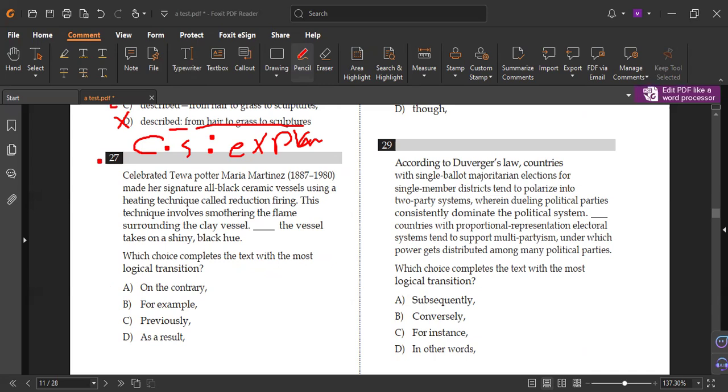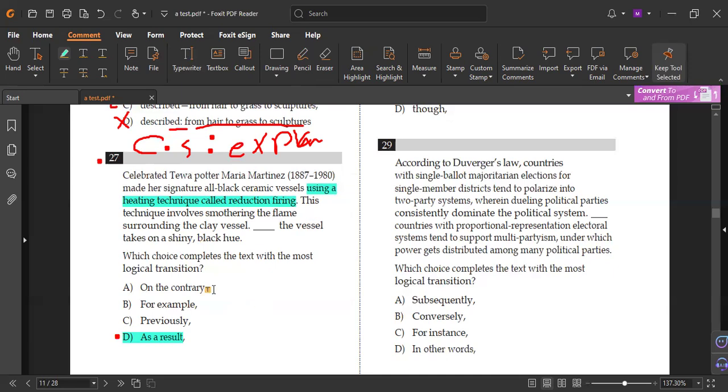Because it's like, based on this happens, like as a result to the cause, how do I say that? All right, so you try to find evidence. As he mentioned here, they using heating. And using heating, of course, would make it black. Yes or no? Yeah, it's like the cause and effect of something.